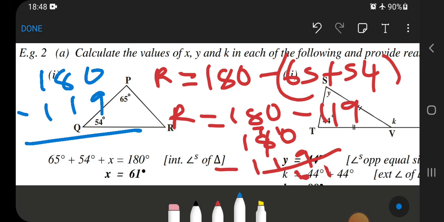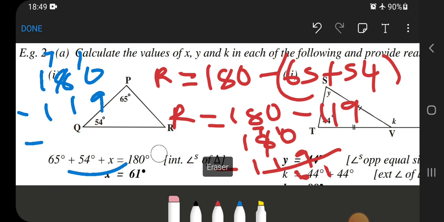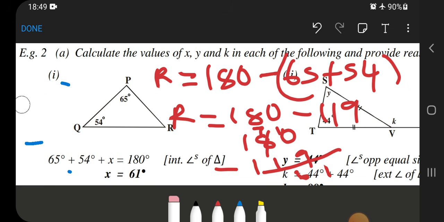So we cannot subtract 9 from 0. We're going to borrow here. We're going to have 7 and then borrow the 10. So we have 10 minus 9, that is 1. Then here we have 7 minus 1 is 6. Then we have 1 minus 1, so we have 61. Now R is 61.